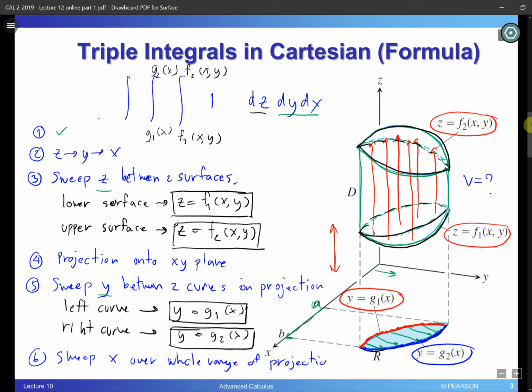So x is going to sweep from x equal to a and end at x equal to b. So what you are looking at right here is the complete formula to perform the triple integration, and you find all these boundaries from 3D objects.